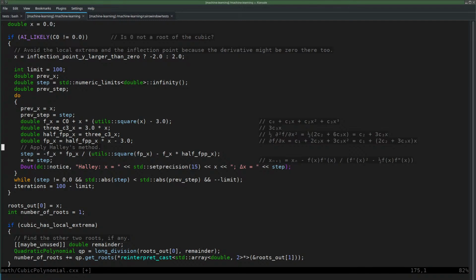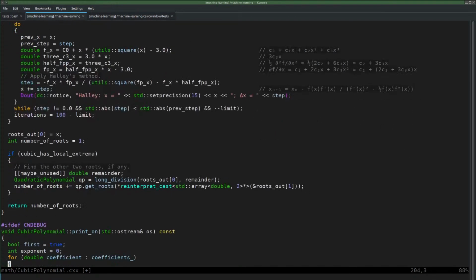Apply Halley's method. Now we get a root out, but I have to transfer that back, unfortunately. And then I can do this, find the other 2 roots.